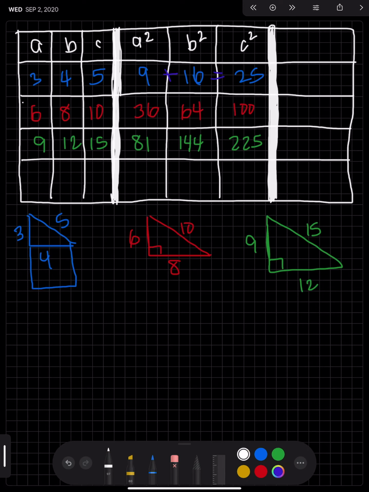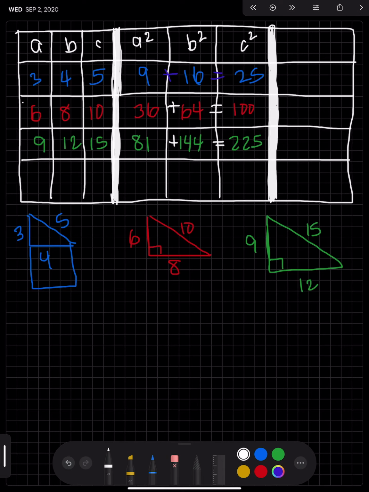If I look at the next one, 36 plus 64 equals 100. So if I just put a plus sign here, and that's equal to. Okay, believe it or not, 81 plus 144 does equal 225.